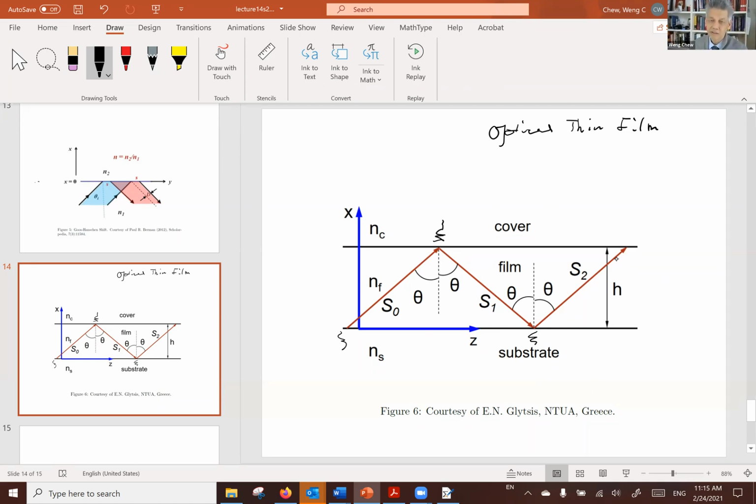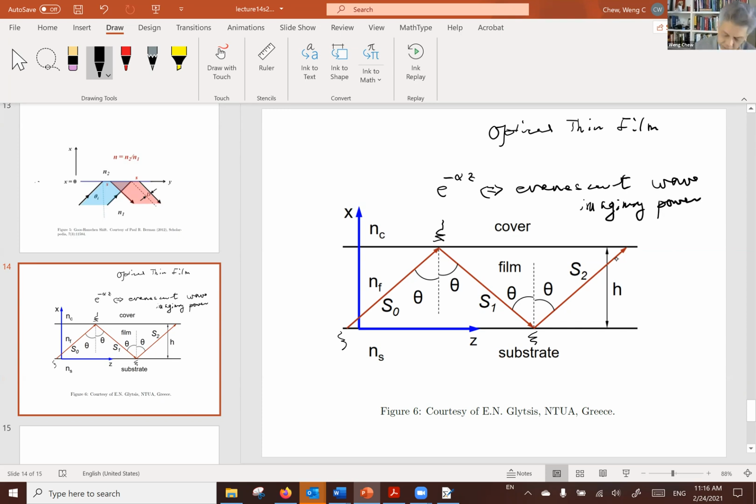You can show that an evanescent wave does not carry power. It carries only imaginary power. Because it carries imaginary power, it cannot carry energy away from the waveguide, and then the energy of the waveguide will be completely trapped.